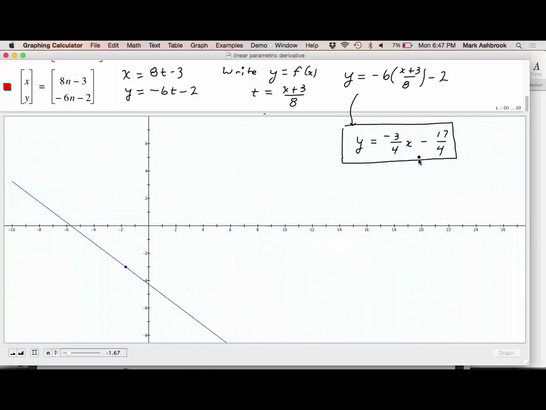If you had started with this, and we didn't know anything about this over here, how could we write that in parametric form? Suppose we started with the equation of this line and wanted to write it in parametric form. What could we do? There's seemingly nothing about this that's 8t minus 3 for x and negative 6t minus 2 for y.